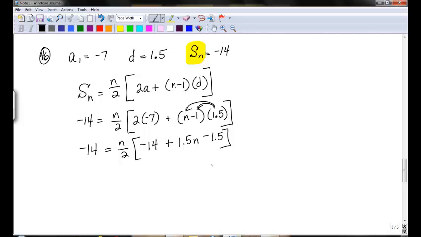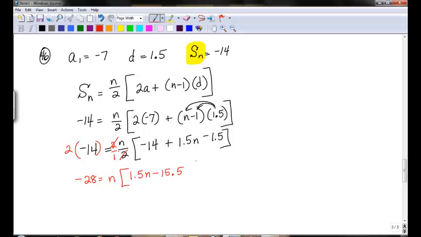Multiply by 2 on both sides. If you multiply by 2, it multiplies this by 2 and this by 2. So this would go to a negative 28. When you multiply this by 2, those just divide out. You still have n. And if we combined, we'd have 1.5n and minus 15.5.